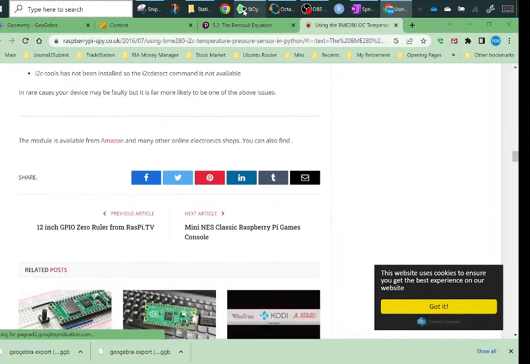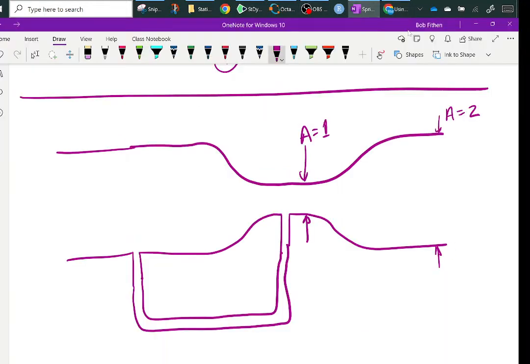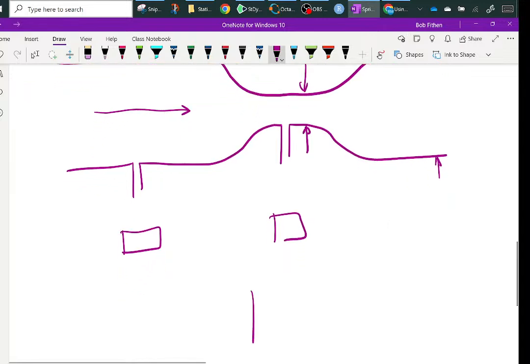So that's not that critical for the lecture, but essentially what I'm doing is I'm trying to find the airflow through this thing. I'll put one of the sensors here and one of the sensors here. Eventually I'm going to have 2 of them plotting each other.